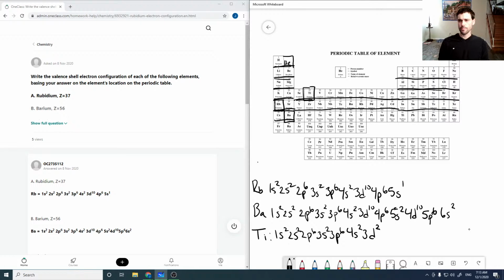Okay, and then germanium, which is over here. So then it's like titanium, but with 3d10 and then 4p2.